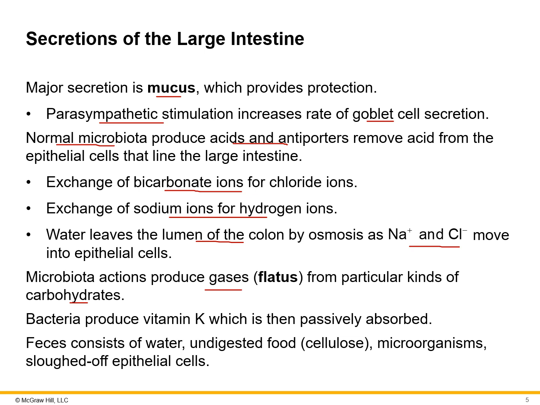Those bacteria not only help with digestion, but also form vitamin K that then gets absorbed. And ultimately, the feces consist of water, and then anything undigested, like cellulose that makes up the plant cell walls, microbes are going to go out through there, as well as any epithelial cells that were lost during the process.